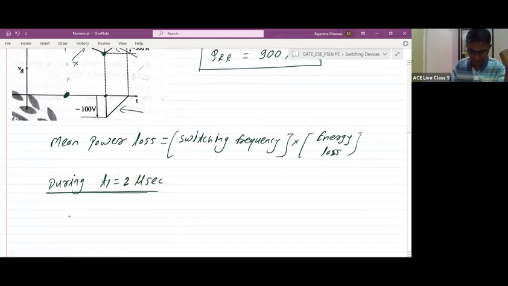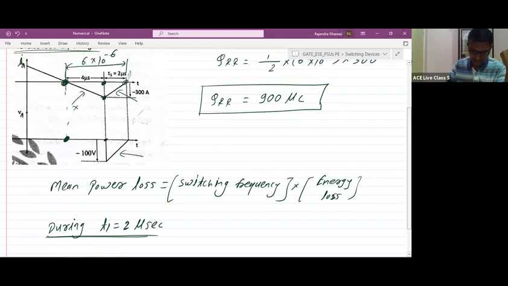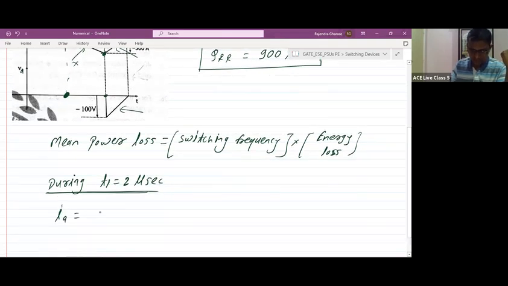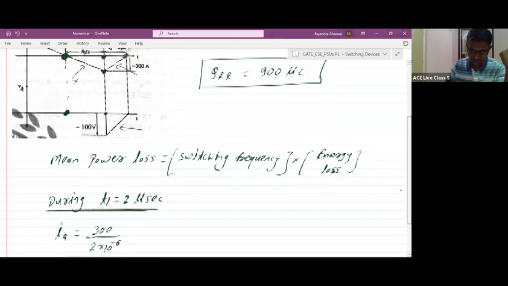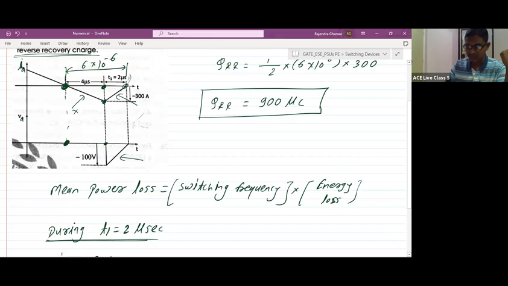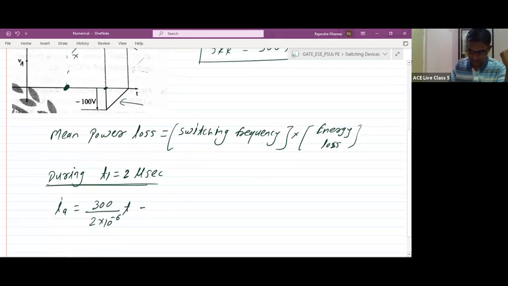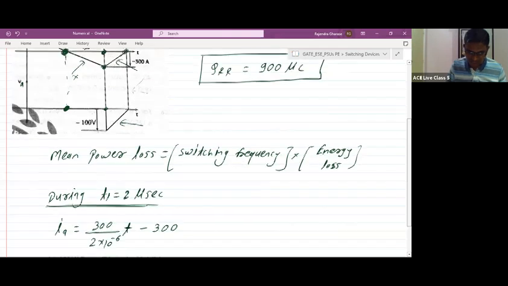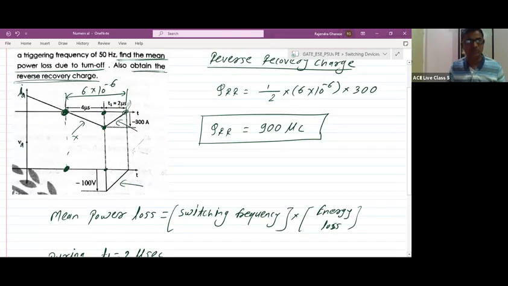Okay. So can we write it, yes, 300. Let me write it first for IA. IA is equal to 300 divided by 2 micro, 2 into 10 to the power -6, into t minus 300. Okay, minus 300. You can check here, this expression is valid only for this t1 interval, that is for 2 microseconds.